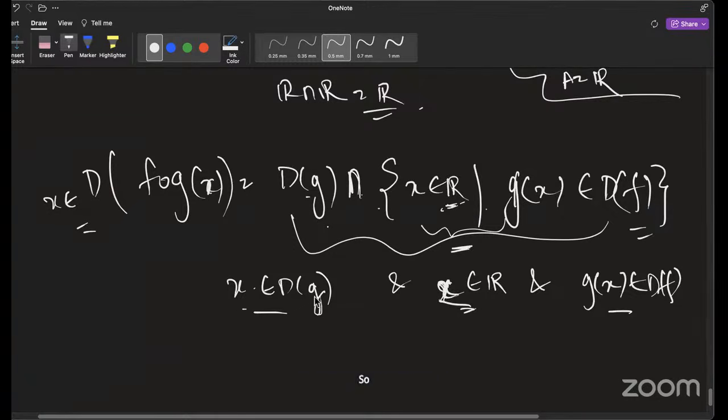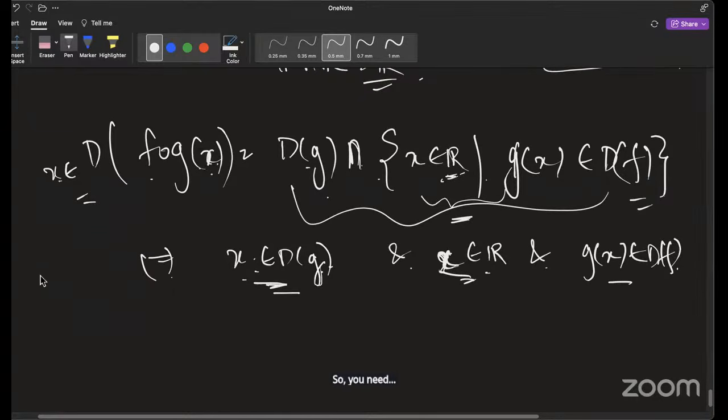So x is in the domain of FOG, this condition you get from here. If you want your x to be in the domain of FOG, this is equivalent to saying that your x is in the domain of G, your x is in R, and your g(x) is in the domain of F. This is the condition that you need, right?